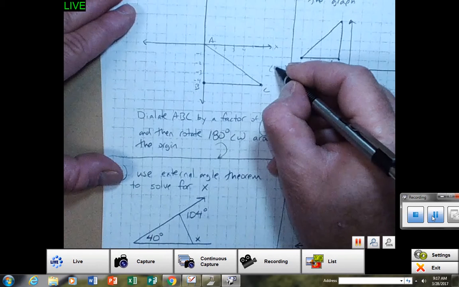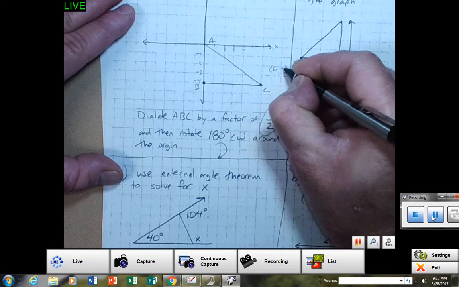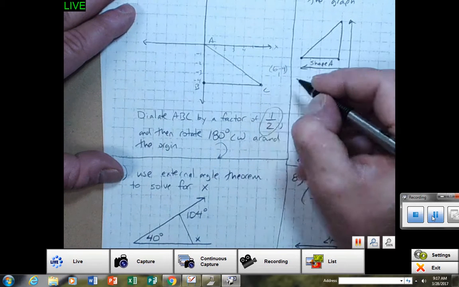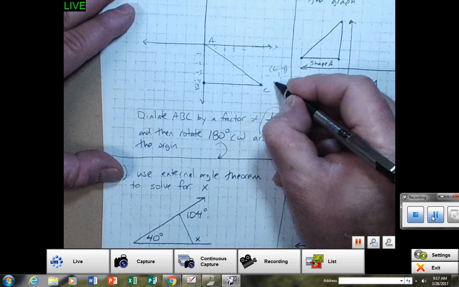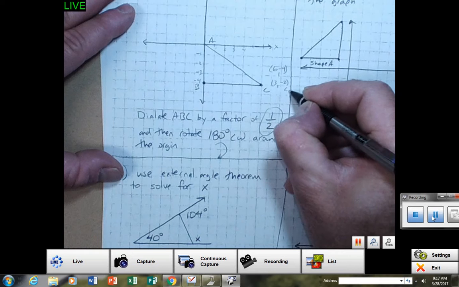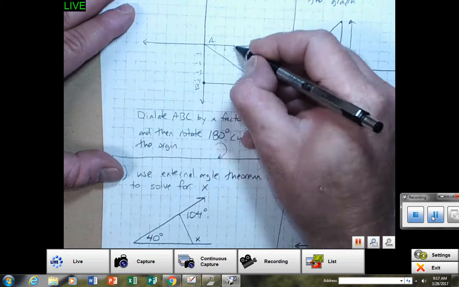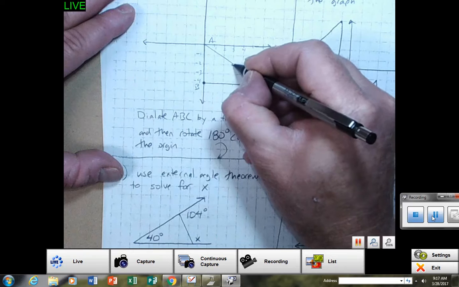This is 6, 1, 2, 3, 4. 6, -4. So if I take that and times by a half, half of 6 gives me 3. Half of -4 gives me -2. So the new C will be the point 3, -2 right here. That's dilated down.